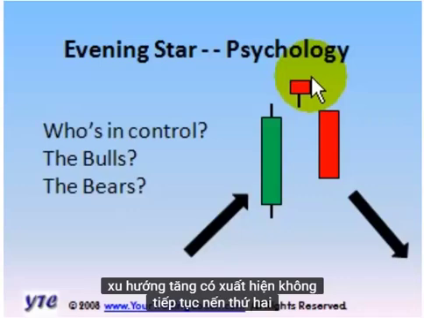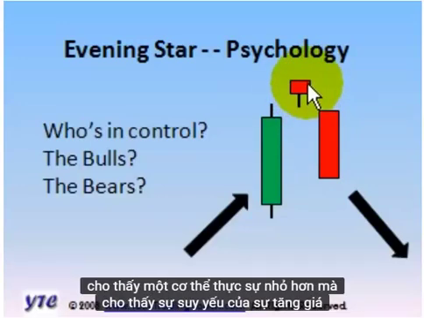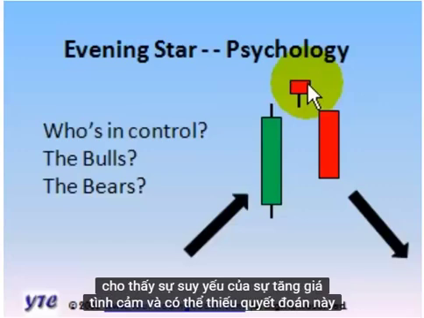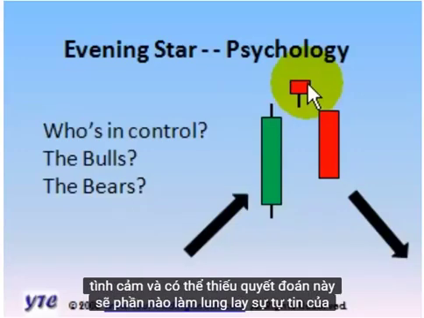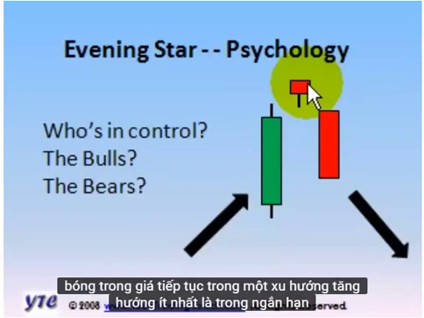The second candle, though, shows a smaller real body, which indicates a weakening of the bullish sentiment and possibly indecision. This will partly shake the confidence of the bulls in price continuing in an uptrend direction, at least in the short term.